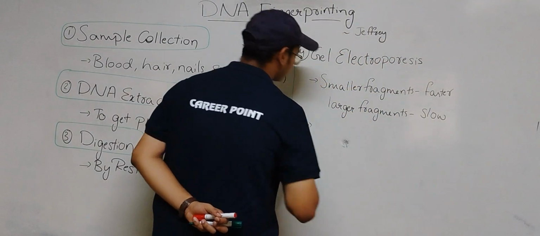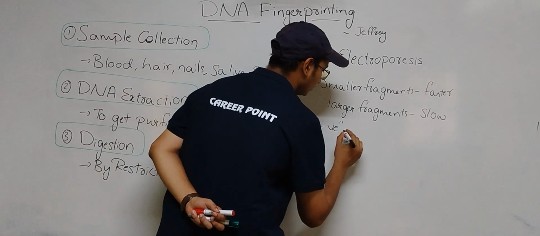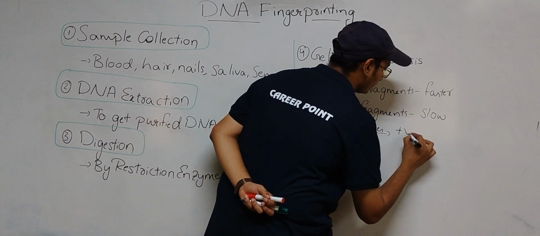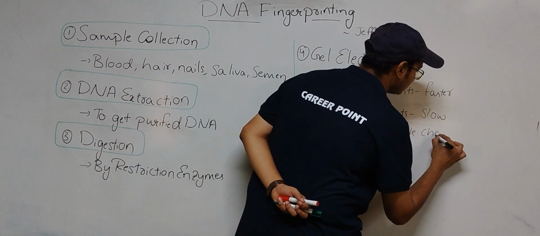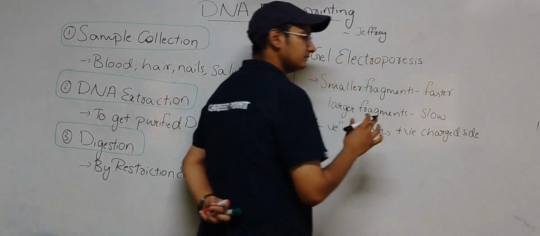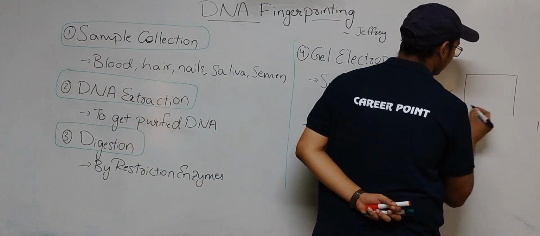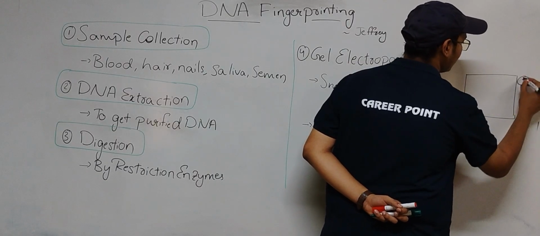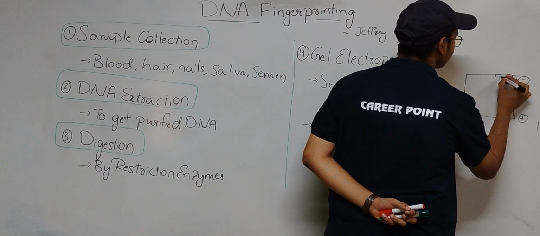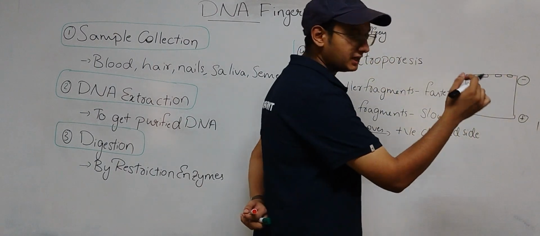And one more thing: DNA is a negatively charged particle, so it moves towards the positively charged side. So now we have the DNA fragments. Suppose this is the agarose gel. This is the negative side and this is the positive side. Here we have wells, and now we have cast the digested DNA product in them.